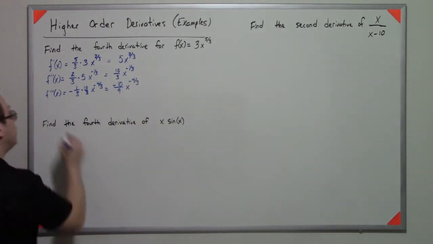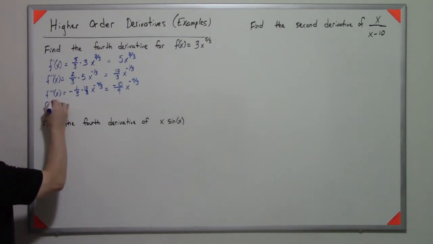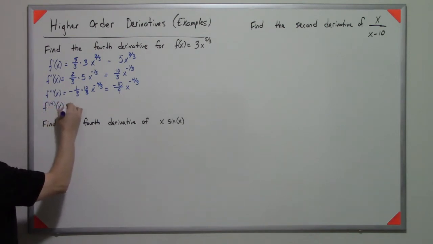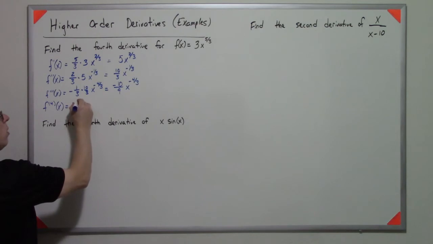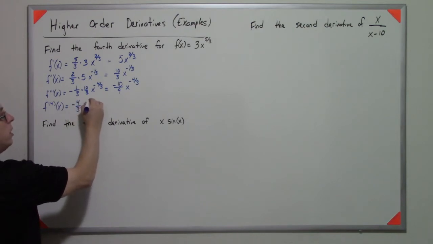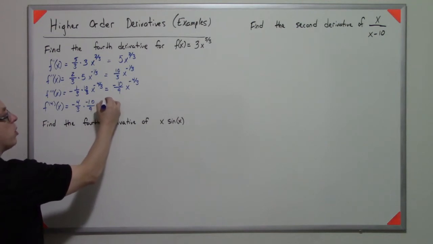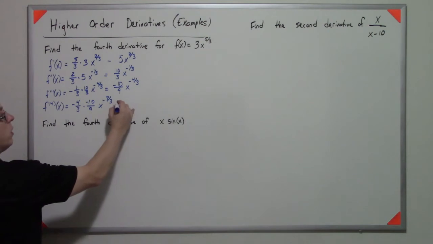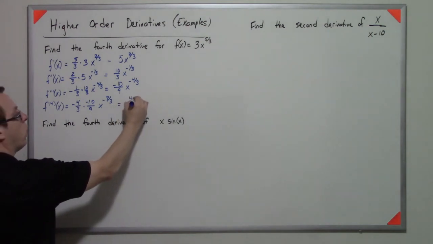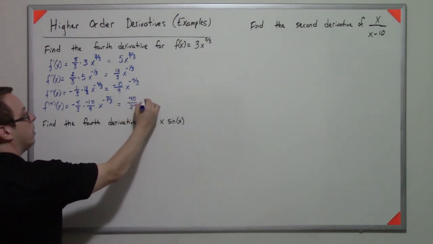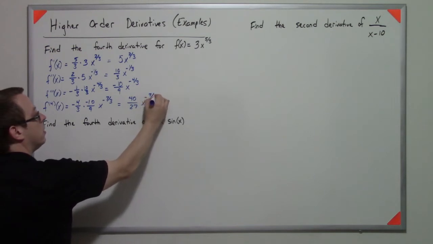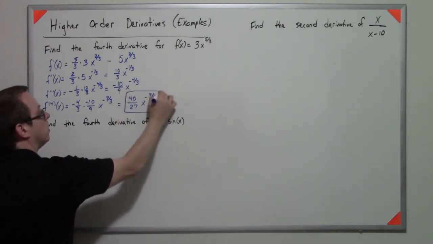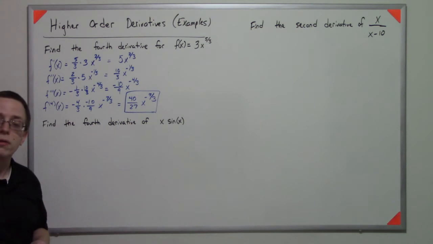And finally, for the fourth derivative, we bring down the power, -4/3, multiply by -10/9, subtract 1 from the power again, -7/3, we are left with 40/27 x to the -7/3. And that's how you do the fourth derivative on that.